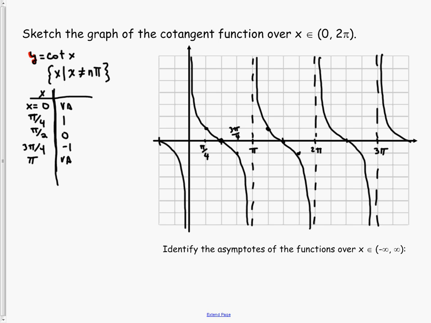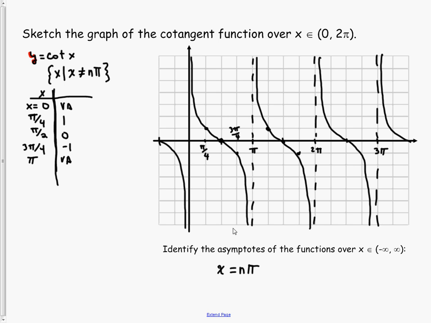So, could we say that identifying our vertical asymptotes in this case are occurring at whole number multiple values of pi, x equals n pi? So x equals any n times pi.